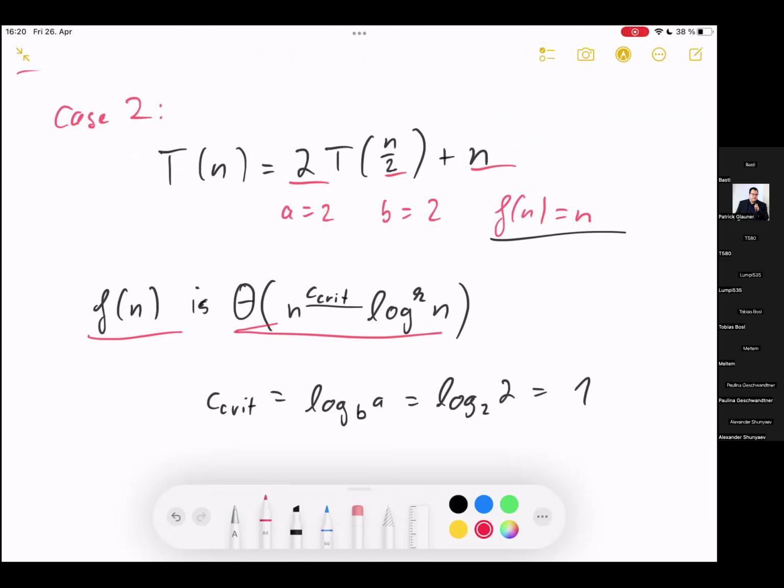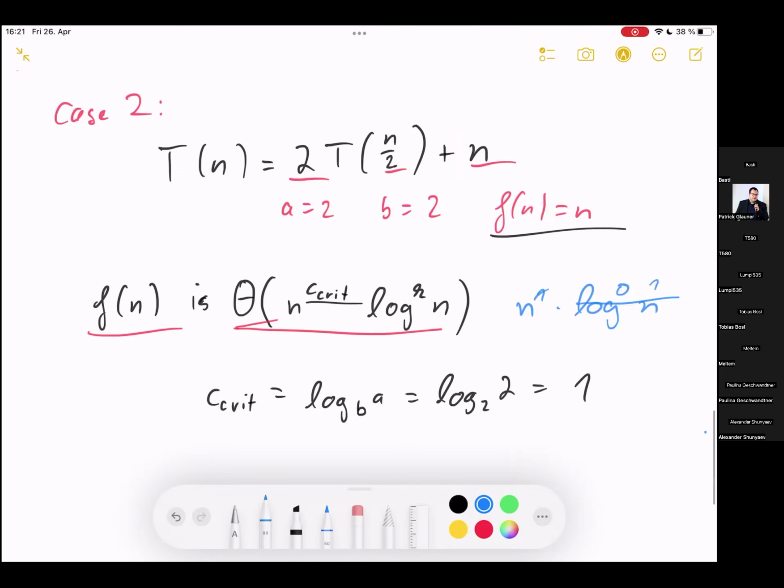In fact, it is, because if I have n to the C critical, which is 1, so n to the power of 1, times log n raised to the power of 0, then this just becomes 1, and this one also just means I have an n. So eventually I can say f of n is theta of n, because this disappears when I set k to 0.